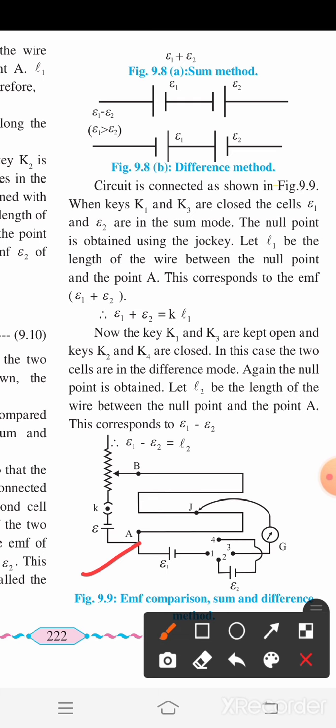In this, cells E1 and E2 are connected using two methods, sum method and difference method. First we connect these two cells E1 and E2 in sum method, that is, the positive terminal of cell E1 is connected to the negative terminal of cell E2 using the four-way key.